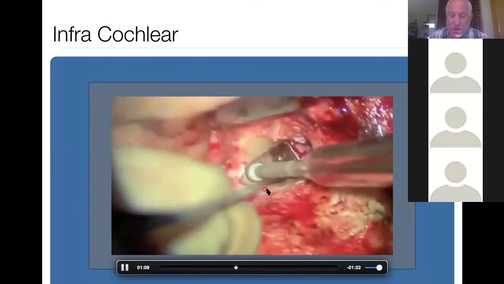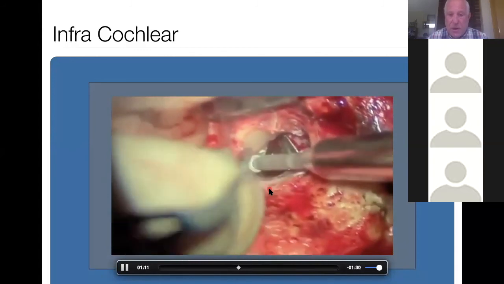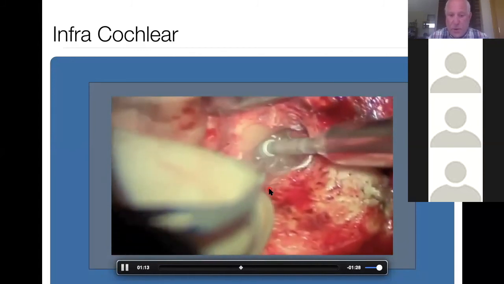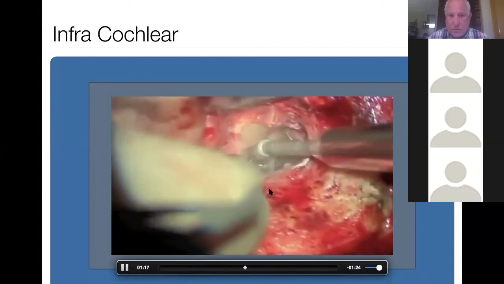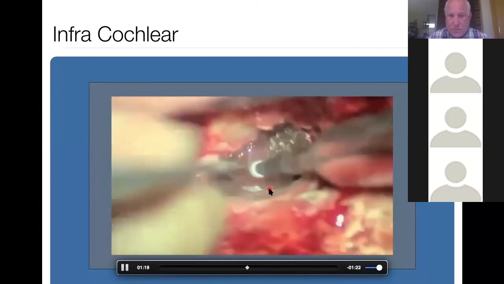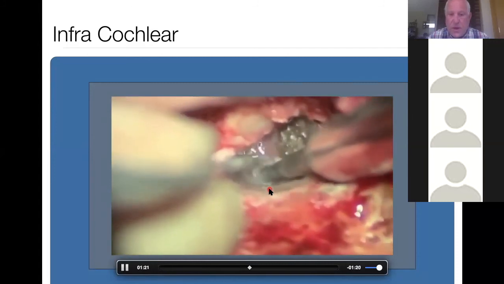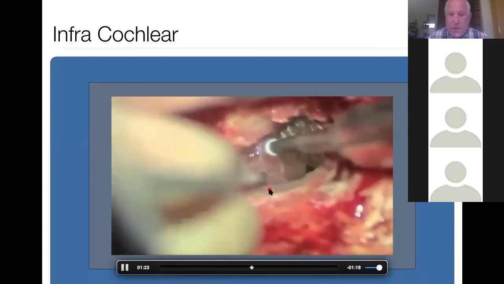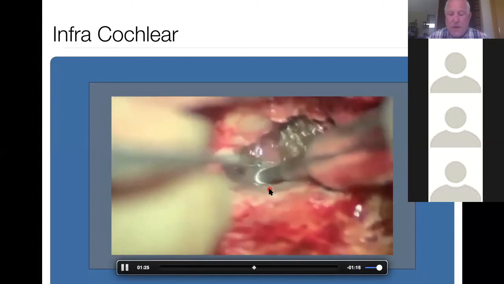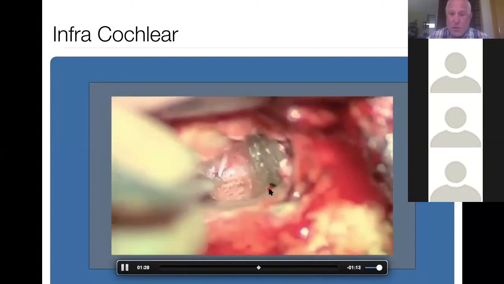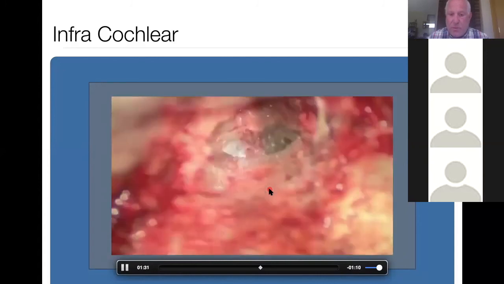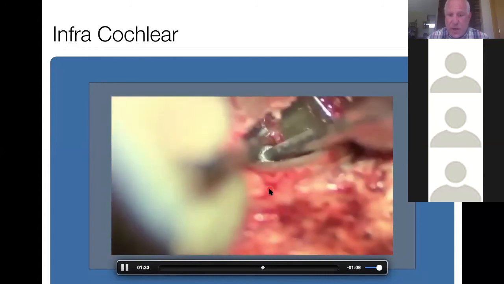Drilling the hypotympanum now, opening it up for exposure. We're using either a 1 or 2 millimeter diamond burr, preferably a coarse diamond. When we start drilling in the zone between the carotid and the jugular bulb, we'll use a regular diamond.